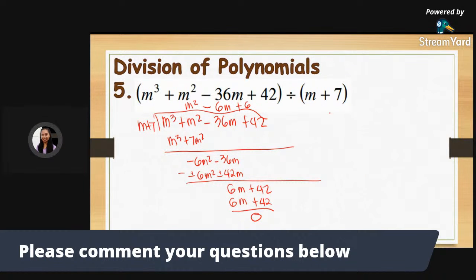Let's try to check with our synthetic division. 1, 1, negative 36, 42. Then our c is negative 7. First is bring down 1. 1 times negative 7 is negative 7. Then add them, we get negative 6. Negative 6 times negative 7 is positive. Sorry.